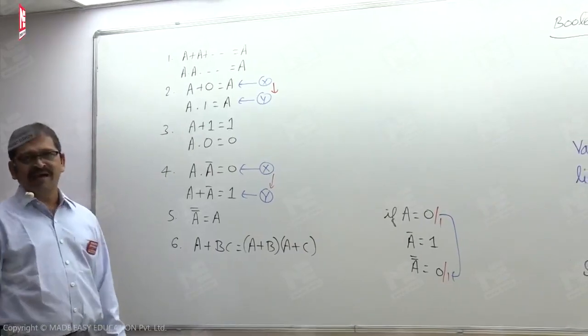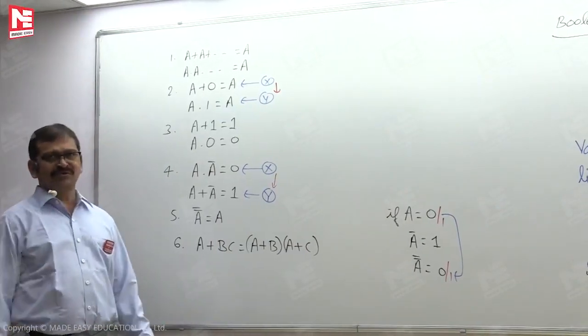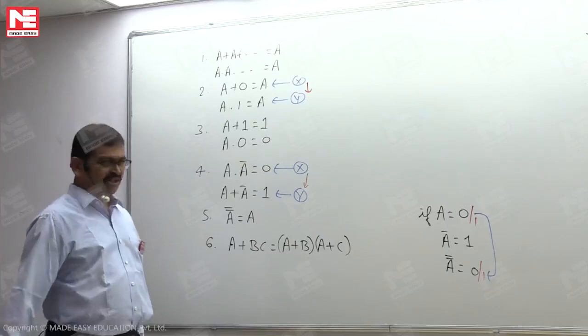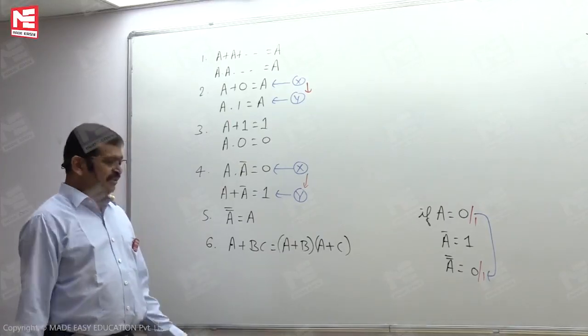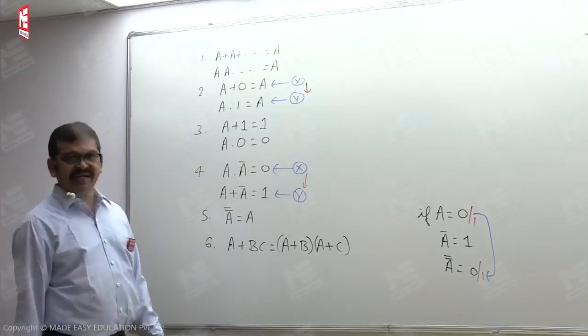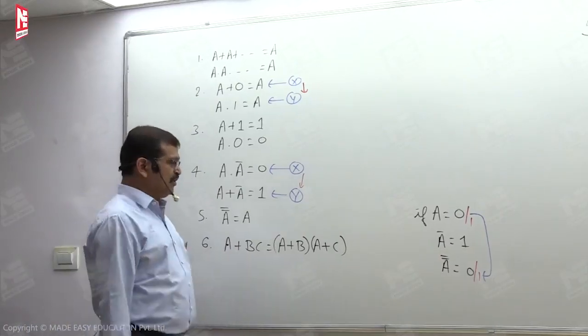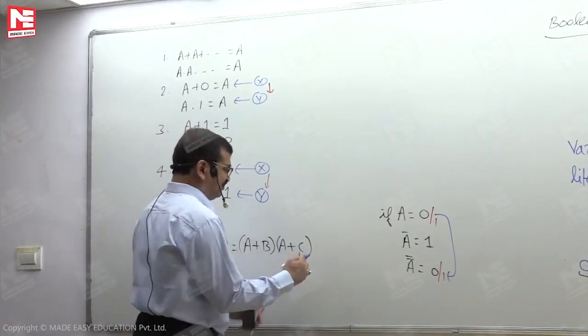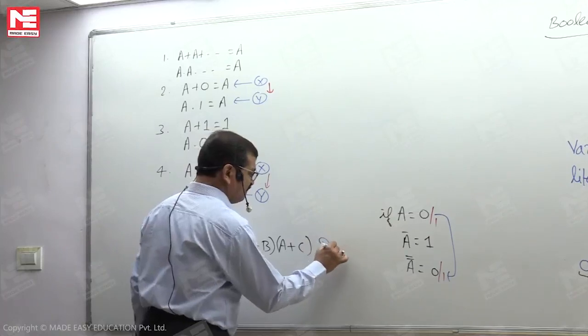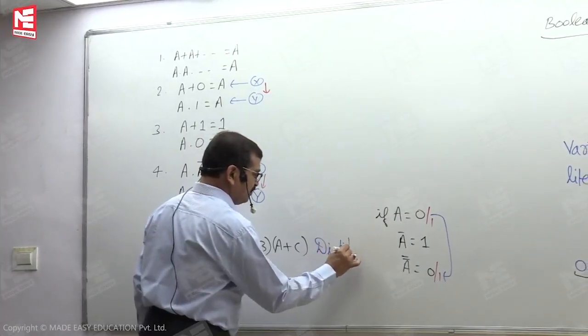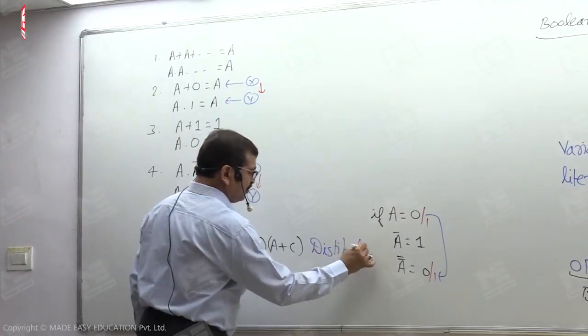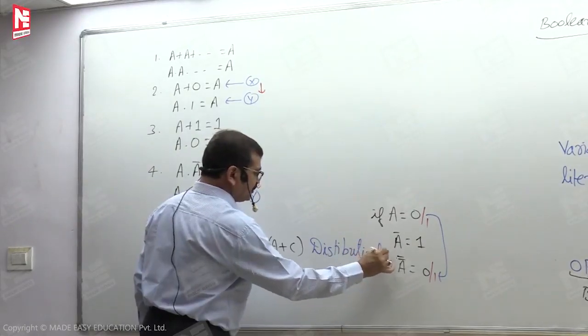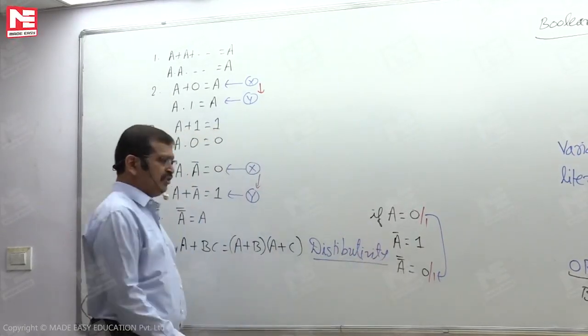This type of property exists in normal algebra also, and in many places you come across this type of relation. So you can guess the name easily. The name of this property is distributivity.